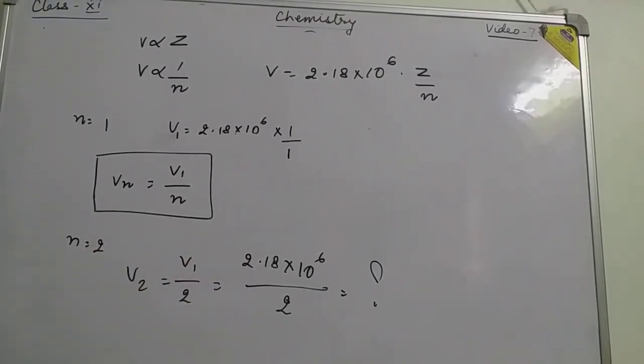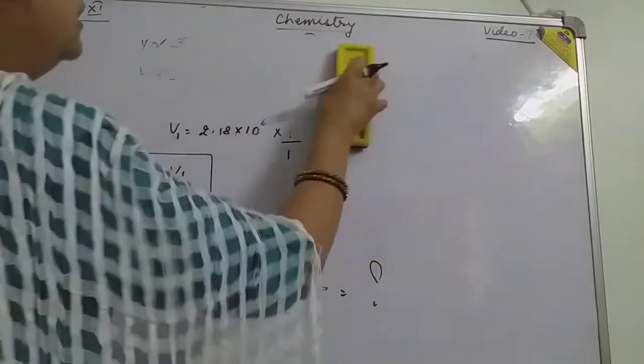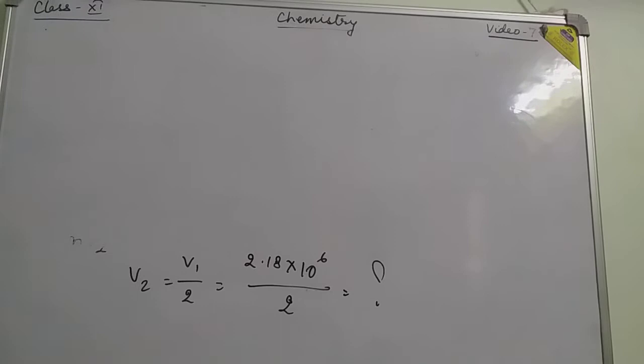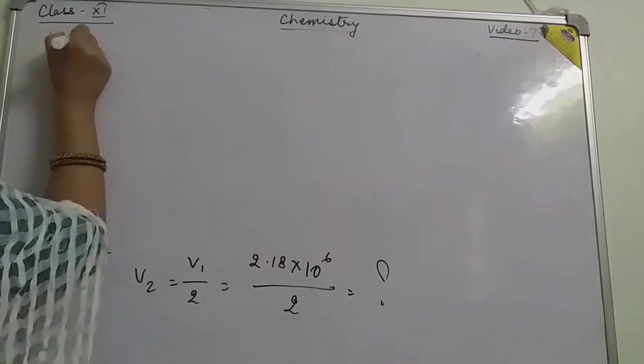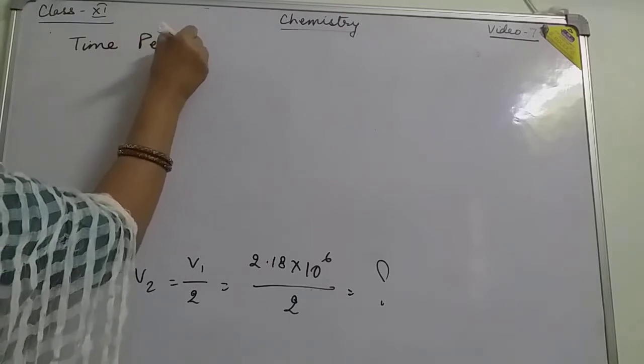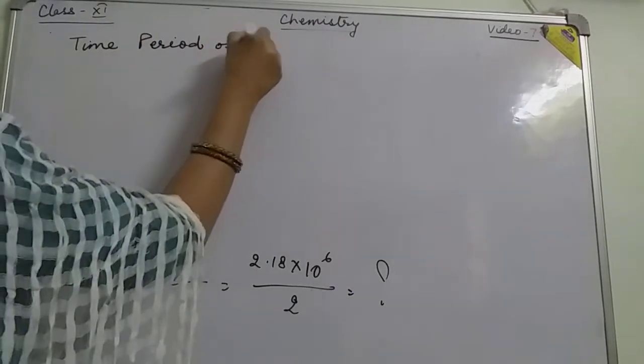Next is time period. What is the time required for the electron to move in an orbit? Time period means time period of revolution.